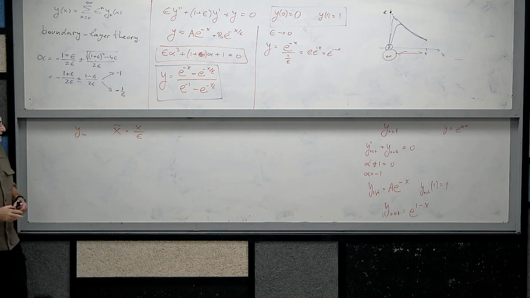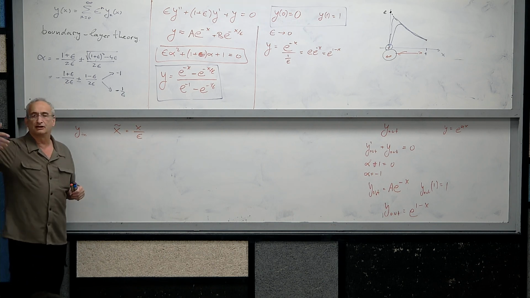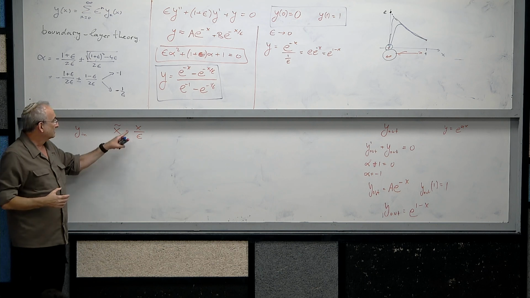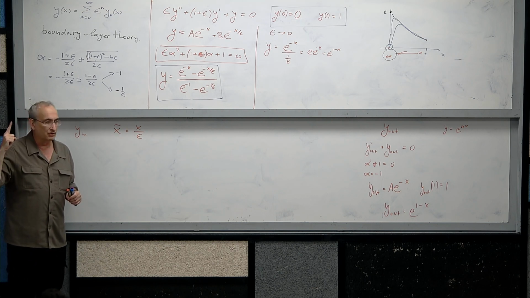So when x is much smaller than epsilon, x over epsilon is still order 1. If I write the equation using this parameter, I will have only one small parameter in the problem, which is epsilon. You see?